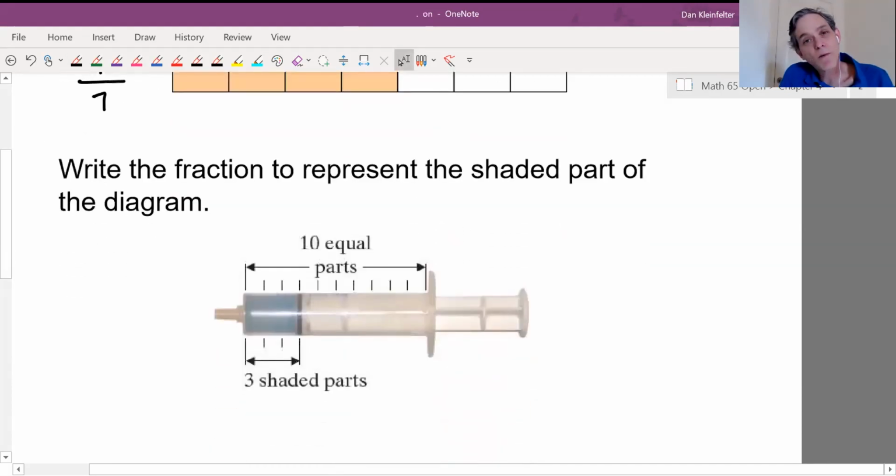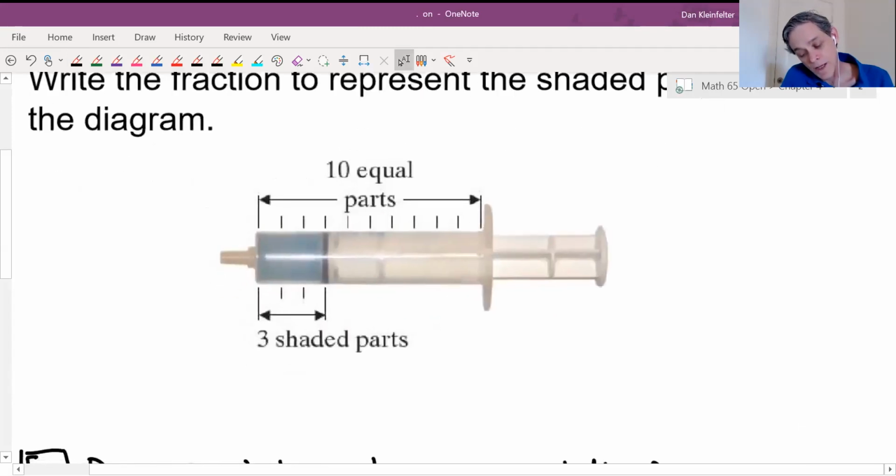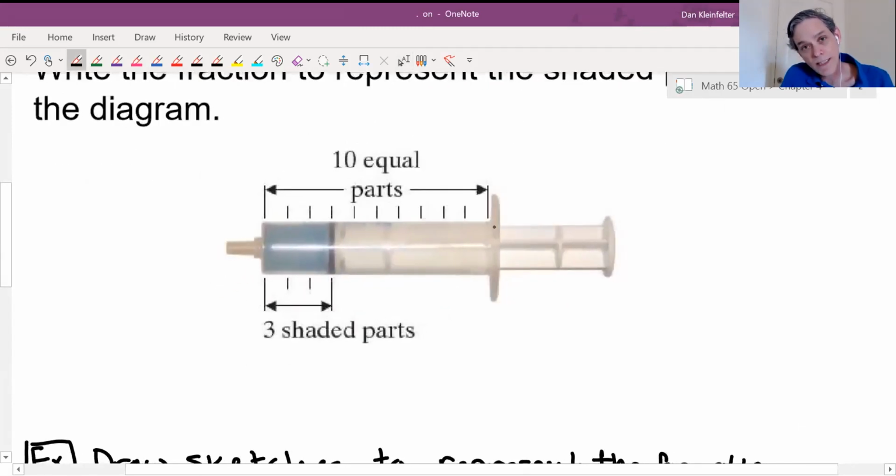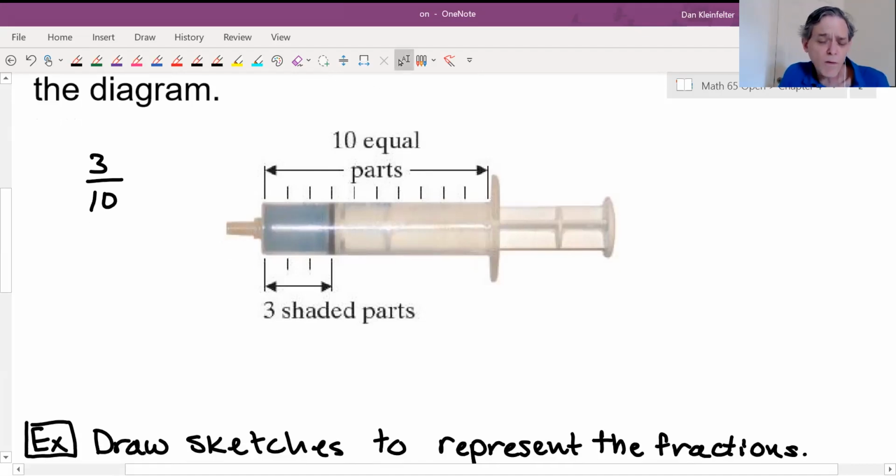Okay, next up, we want to write a fraction to represent the shaded part of this diagram. Okay, so here we're told that this is 10 equal parts. Out of the 10 equal parts, 3 are shaded. So this is 3/10. Okay. One thing you want to be careful with in working with problems like this, by the way, is to make sure that you're counting the spaces between the lines.